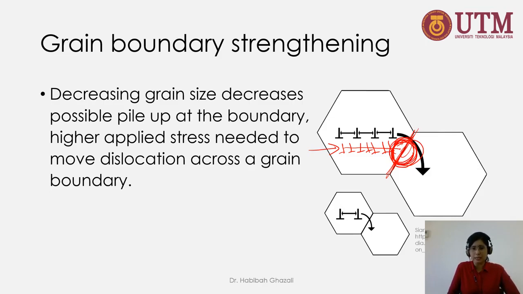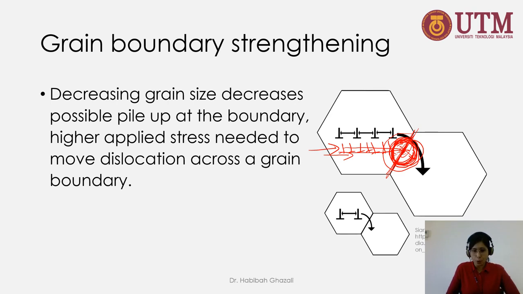So the larger the grain size, the higher the driving force, because a lot more dislocations have piled up in this region, and you will only need a smaller applied stress to move them across the grain boundary to the neighboring grain.